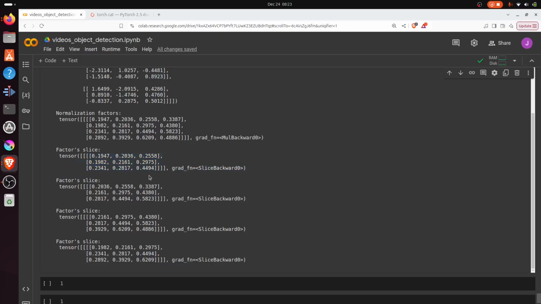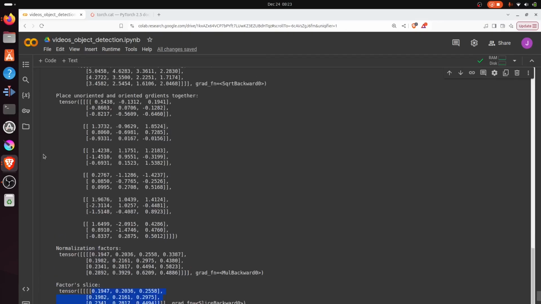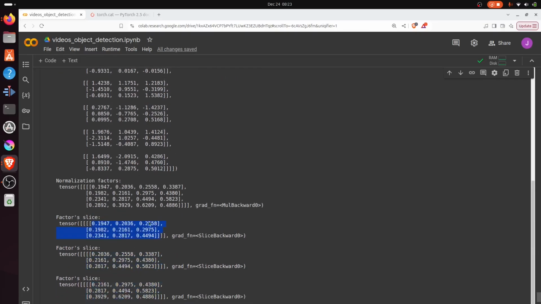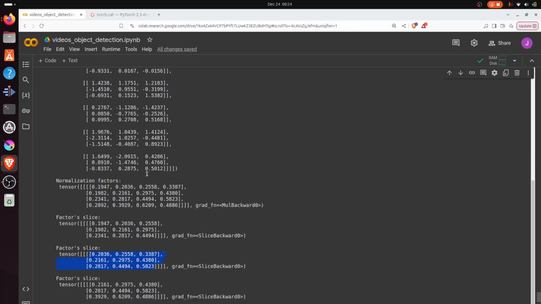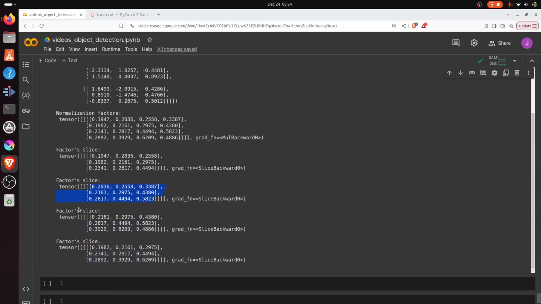So what I mean is that we need to multiply this factor slice by the concatenated tensor, and add to that number the multiplication of the next factor times essentially the same concatenated tensor. And we do that with all our factor slices.